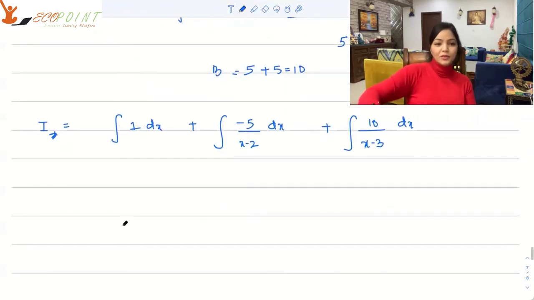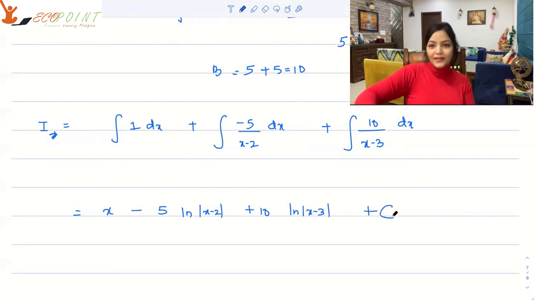So hence it will be just x here, minus 5 log x minus 2, plus 10 times log x minus 3, plus a constant. So that is what it will look like. So these were a few examples of partial fractions. I'll give you some more examples in the next lecture.